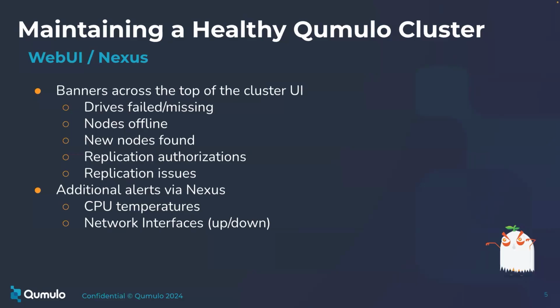And I know for a lot of folks, Qumulo alerts itself is running in a Dockerized container out there on some other Linux box. That is a hurdle for some people, and I understand that. So if that's something you're interested in, but not interested in enough to actually go through the setup of everything out there, more and more open API calls are getting fed into Nexus, so that can become your go-to at that point.